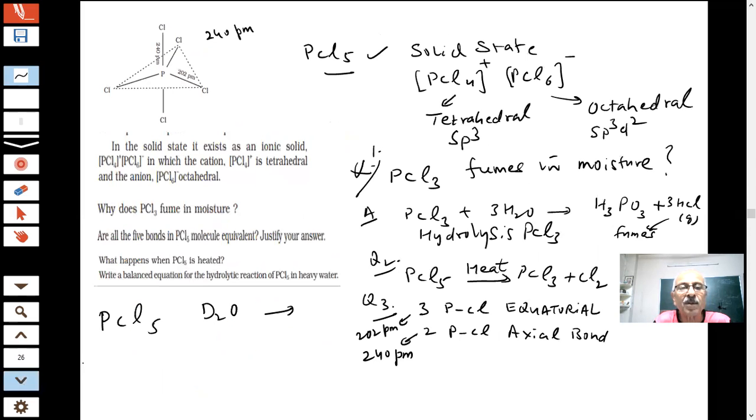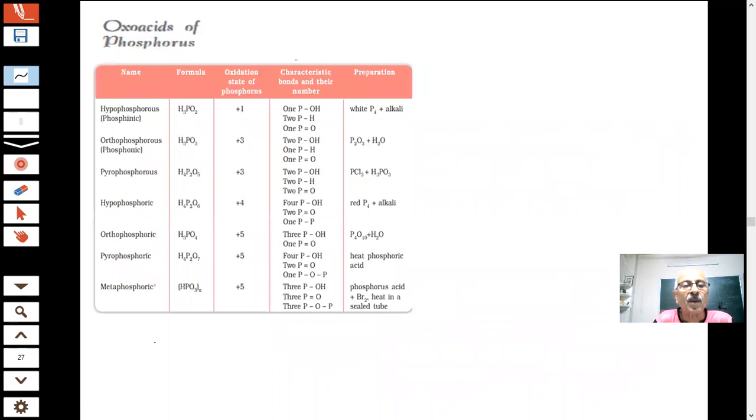All right students, we are looking at some of the questions that have been asked. Now, this is a very important thing which we are telling about: the oxoacids. First of all, a question will be there.